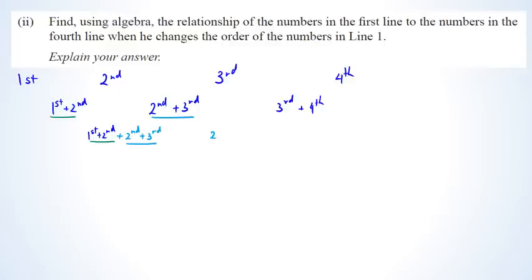And on this side, I'm going to have the second number plus the third number plus the third number and the fourth number. Okay, so my final number is going to be first plus second plus third.